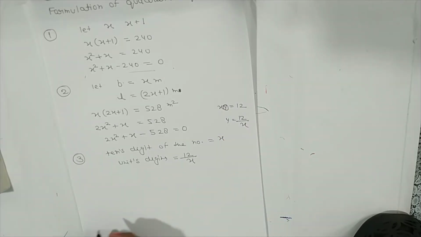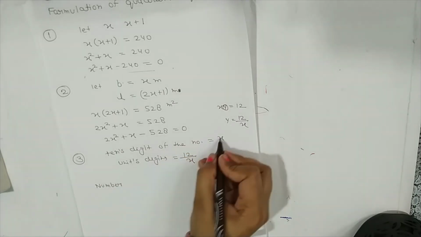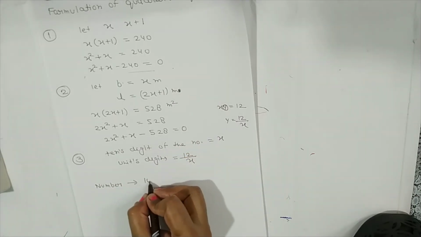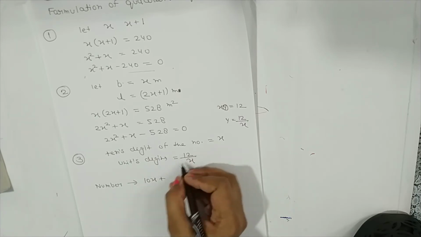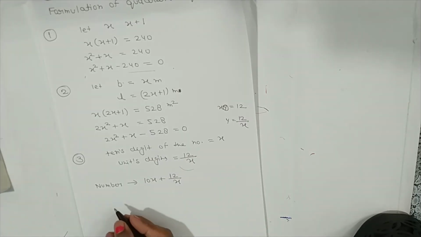Now the number becomes 10 into x plus the unit value, so 12 upon x. Now, when 36 is added to the number, the digits interchange their places.